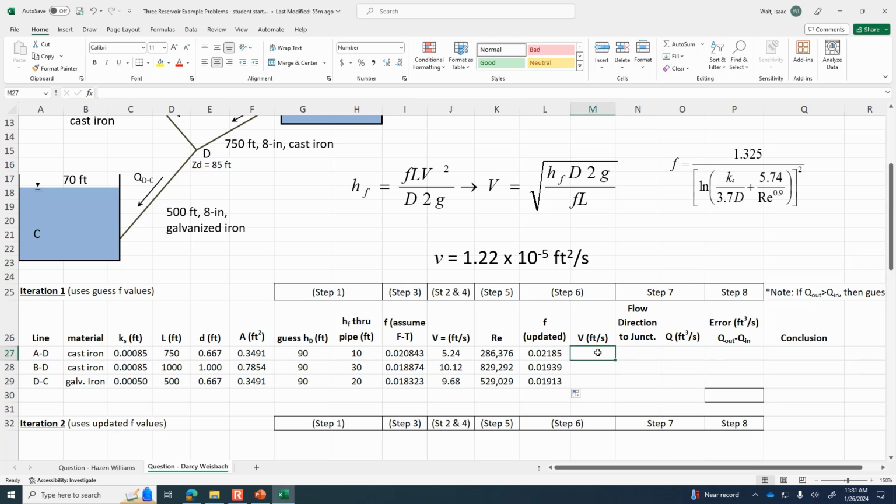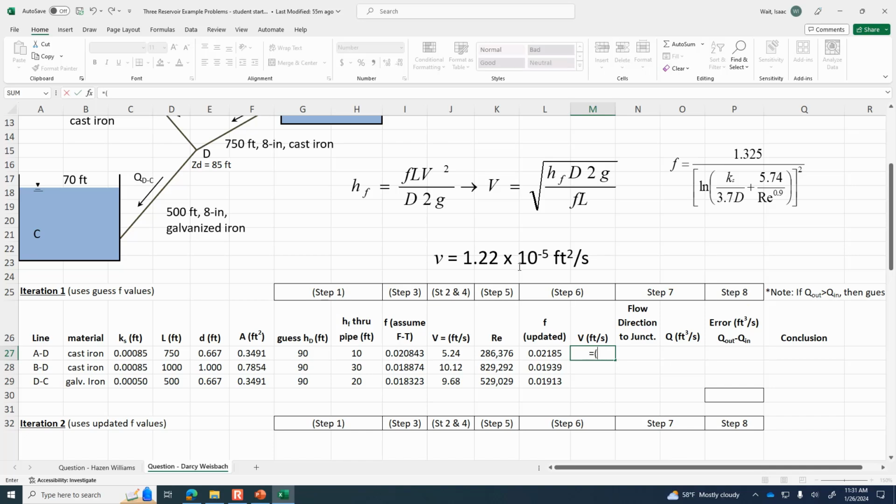So yeah, we're going to calculate the velocity again, the same way we did last time. It's just that now with this calculation of velocity, we're using a better f value than we did before. So we're typing in the rearranged Darcy-Weisbach equation.